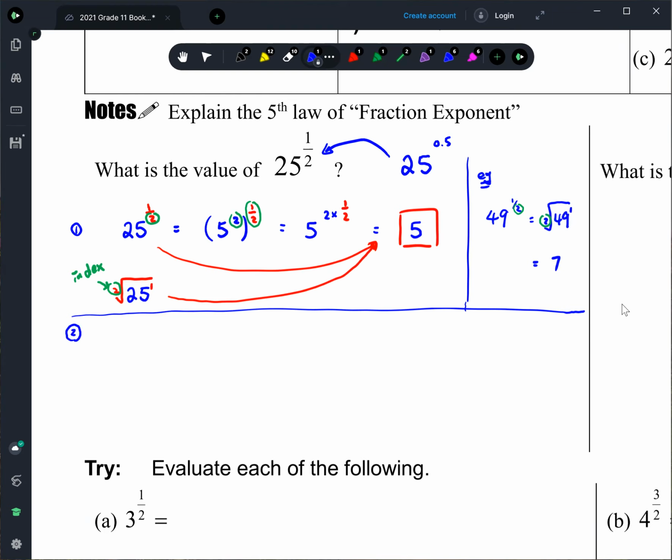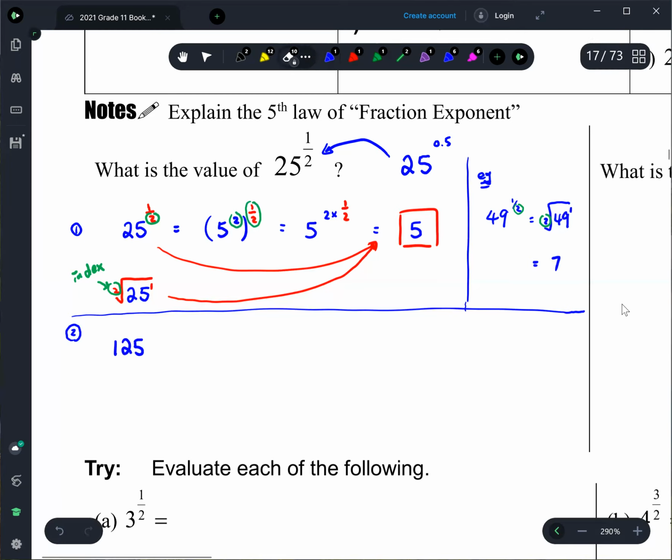Okay, so this is if the numerator is 1 and the denominator is 2. Let's look at something else. If we have 125 to the, okay, let's use something smaller, easier to think about.